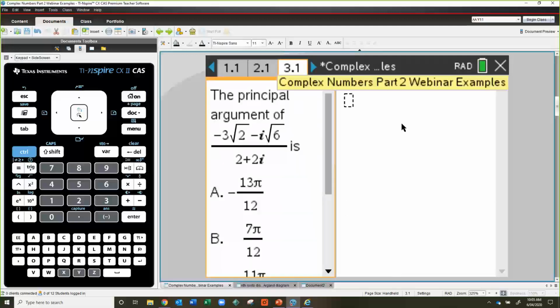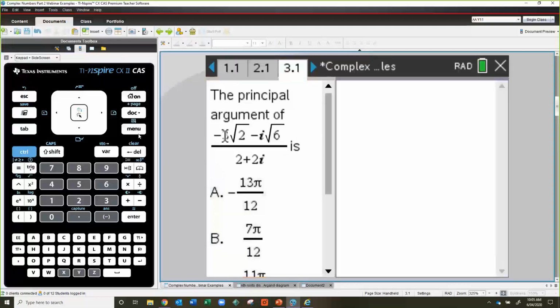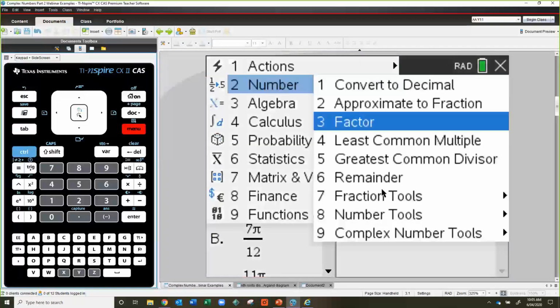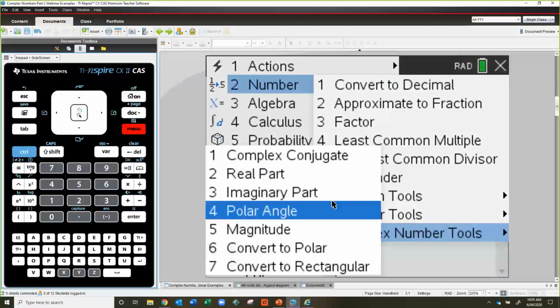Question 3 is asking for the principal argument. So what we can do, in our calculator, we go to menu, number, complex number tools, and we wish to find polar angle.